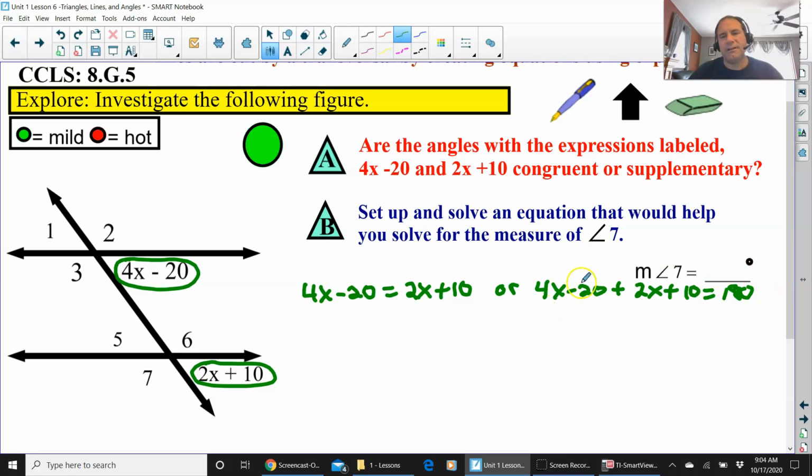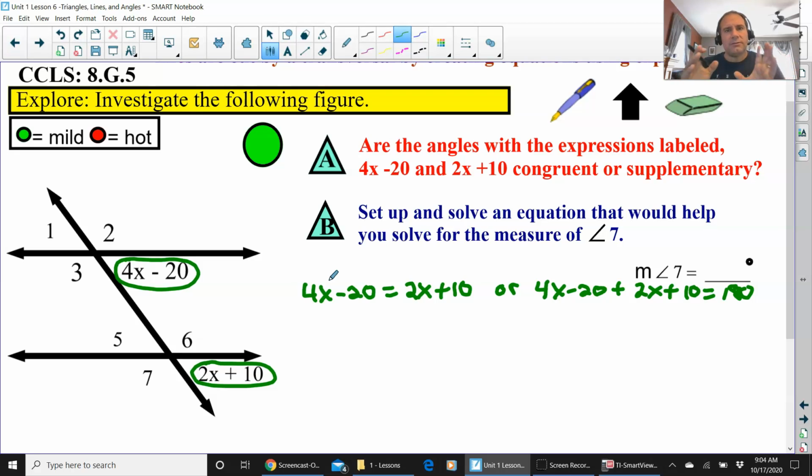If you think that they're equal to 180, that means they are supplementary angles and that they're different measures. All right, one's acute, one's obtuse, equals 180. If you think that they're equal to each other, that means you think that the angles are exactly the same measure and they look exactly the same.